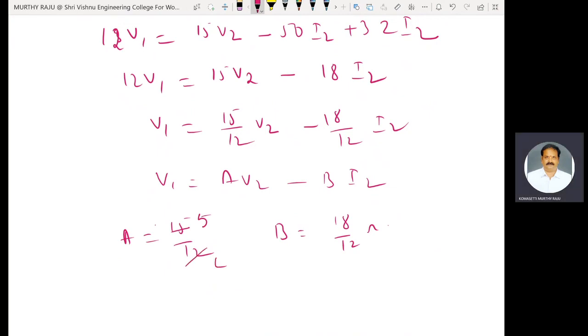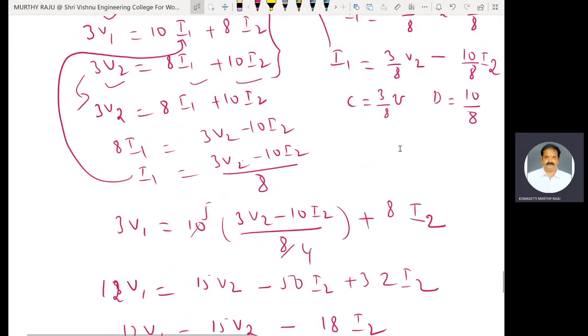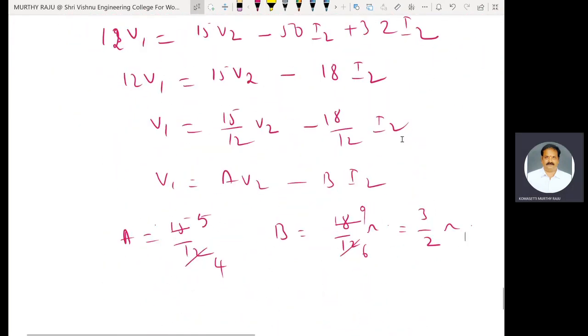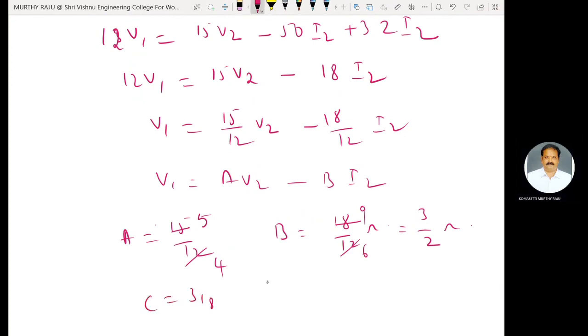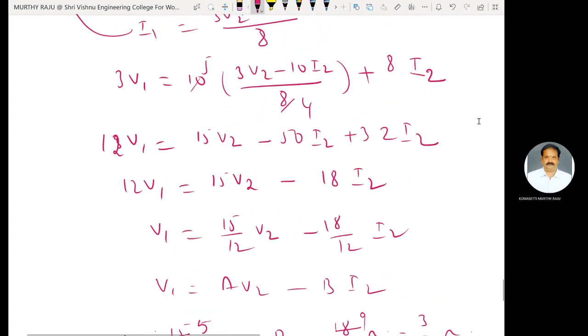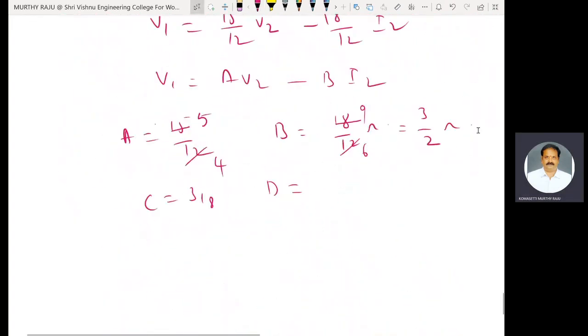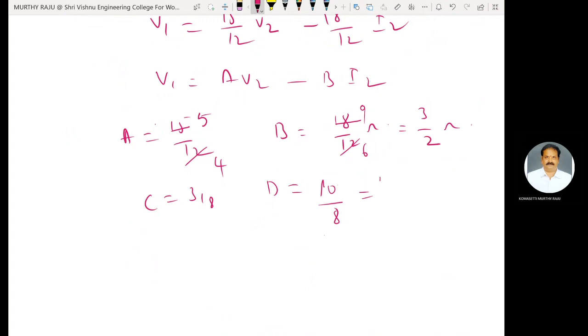A is 5 by 4, and B is 3 by 2 ohms. C is equal to 3 by 8. D is equal to 10 by 8, which means 5 by 4.